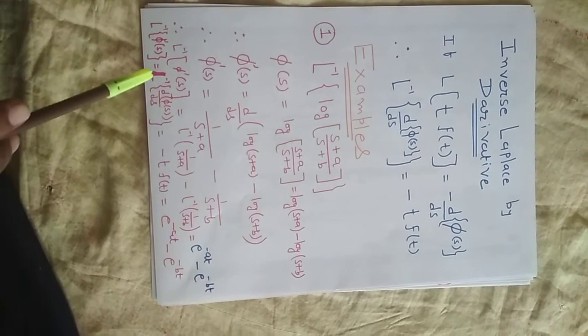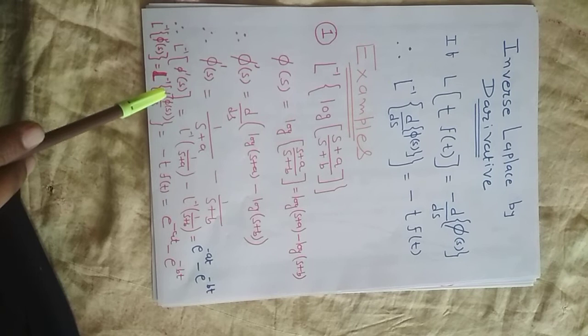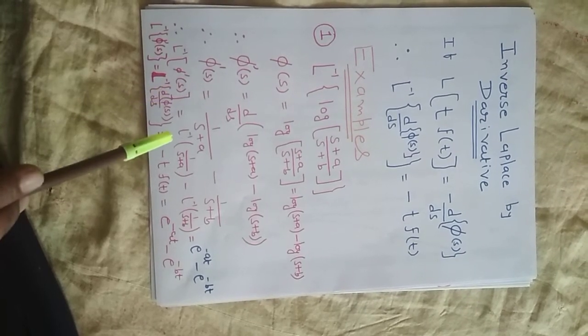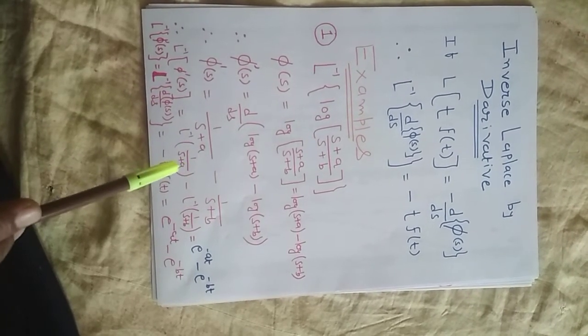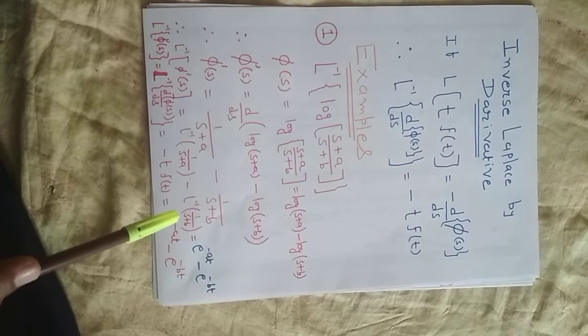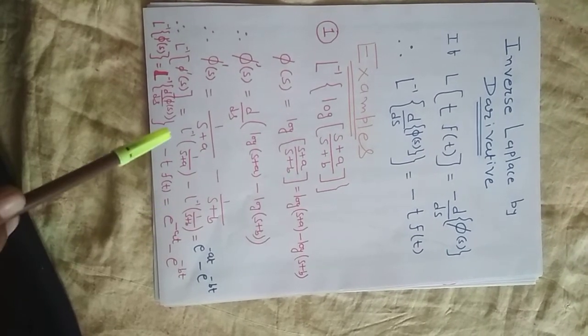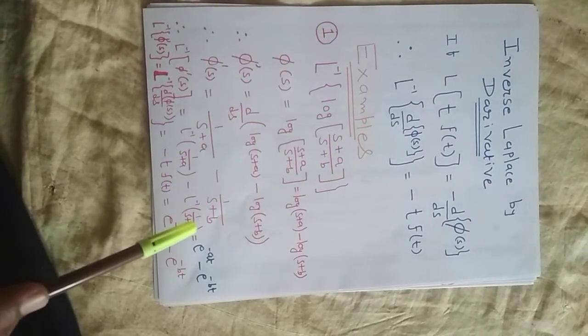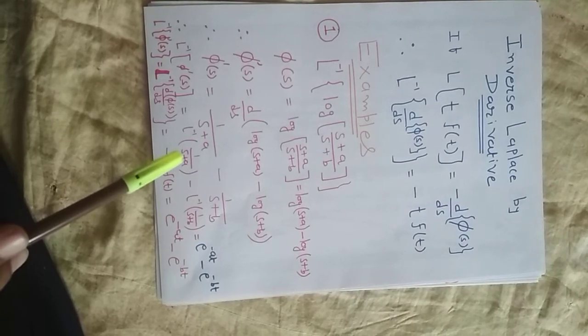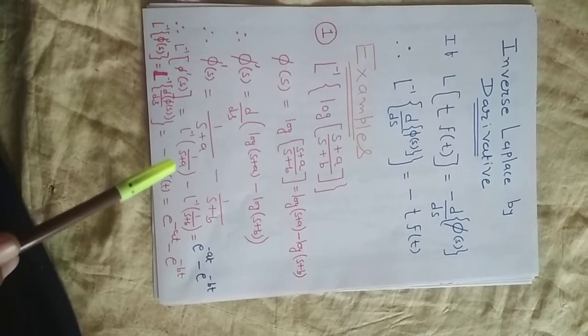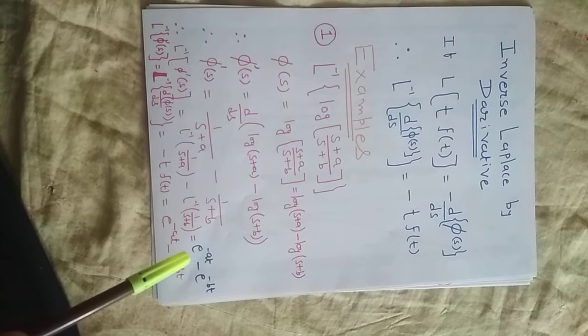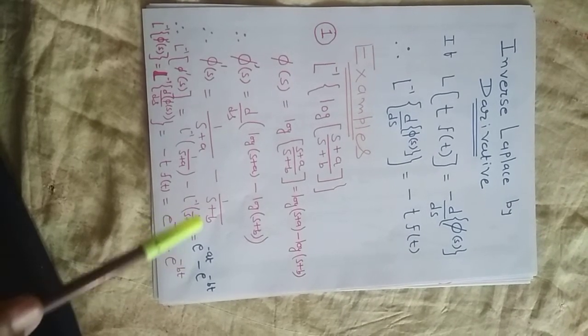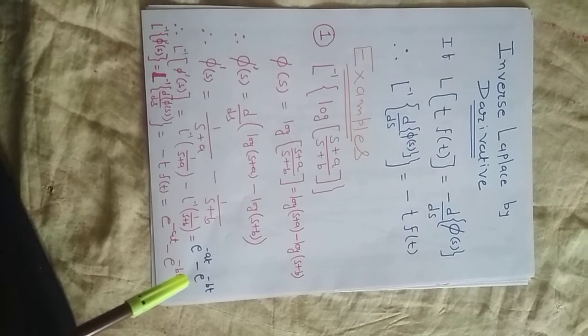Now taking the inverse Laplace of both sides, inverse Laplace of phi dash s equals inverse Laplace of 1 upon (s plus a) minus inverse Laplace of 1 upon (s plus b). Now these two inverse Laplace transforms are known. The answer of this part is e raised to minus at, and the answer of this part is e raised to minus bt.